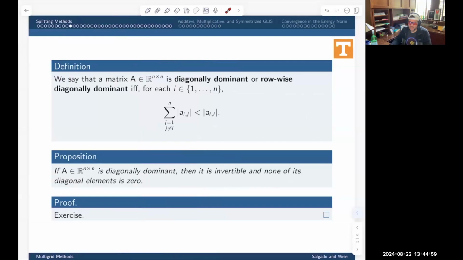Now, let's prove that the Jacobi method is convergent. And let's start off with, I wouldn't call it an easy proof, but one which is familiar to those who took numerical analysis recently. It's proving that the Jacobi method is convergent for what we call diagonally dominant matrices, or row-wise diagonally dominant. So what do I mean by a matrix which is row-wise diagonally dominant?